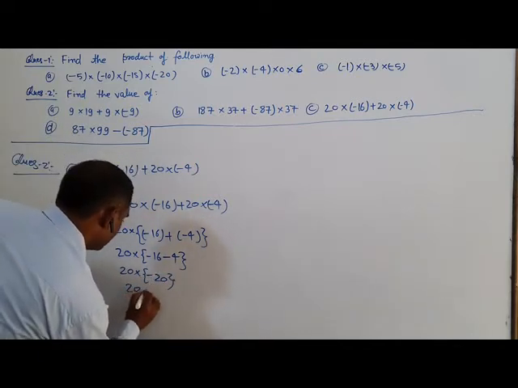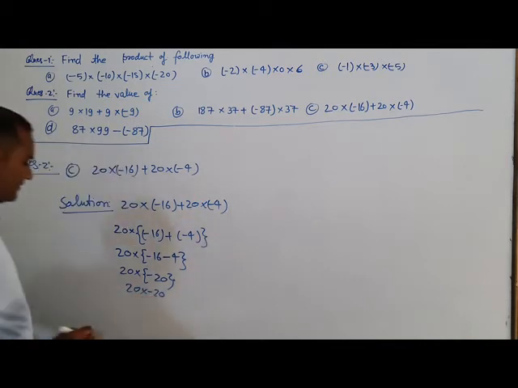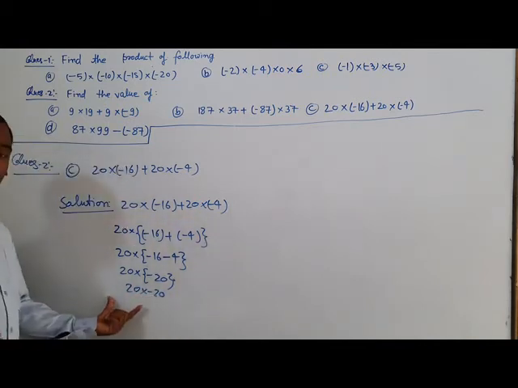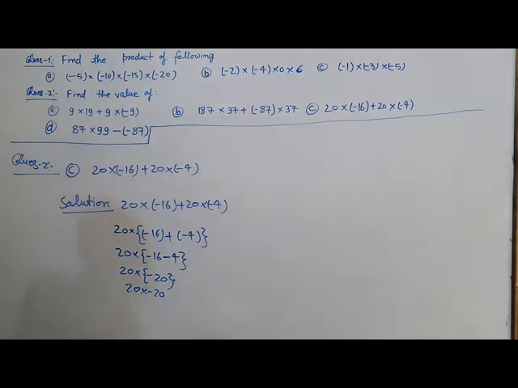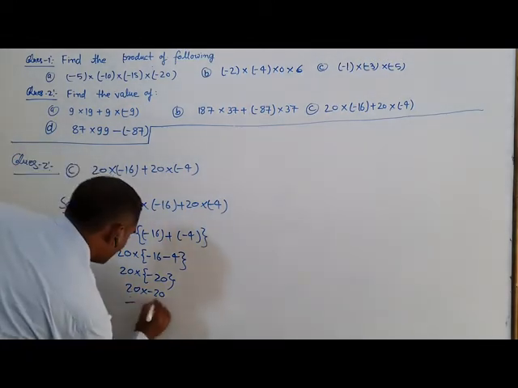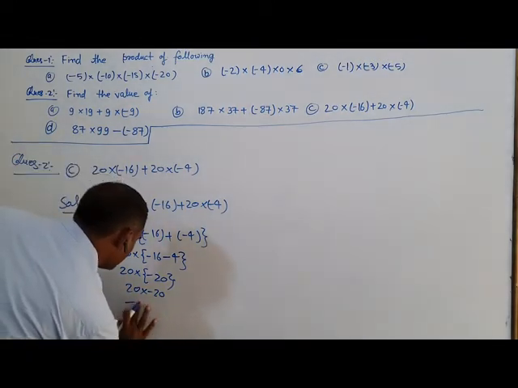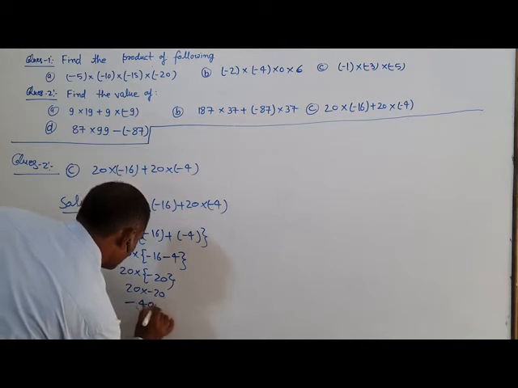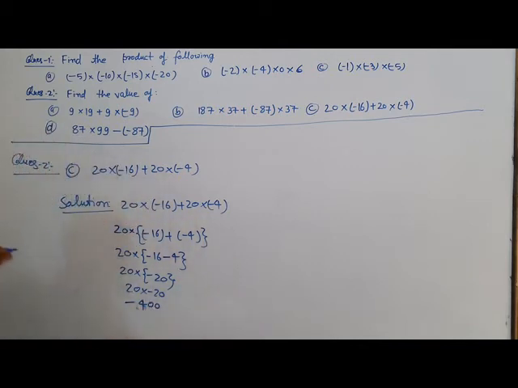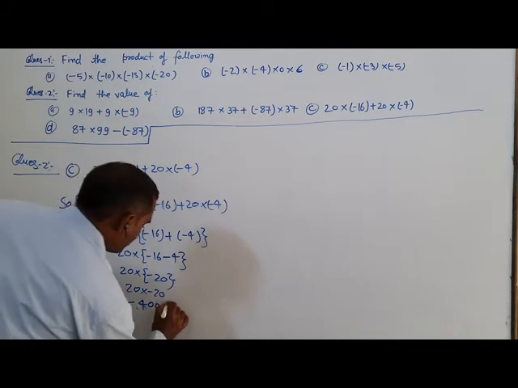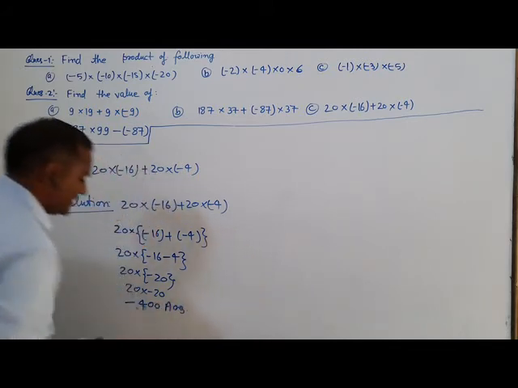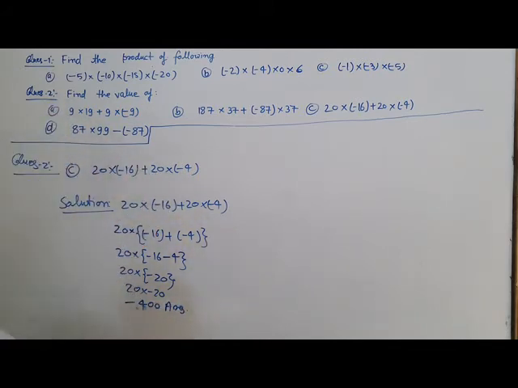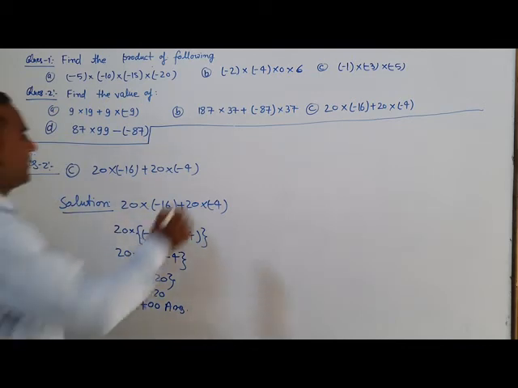Now 20 into minus 20, we get minus, because the product of opposite signs is negative, minus 400. 400 is the answer. This is the answer of question number two C.